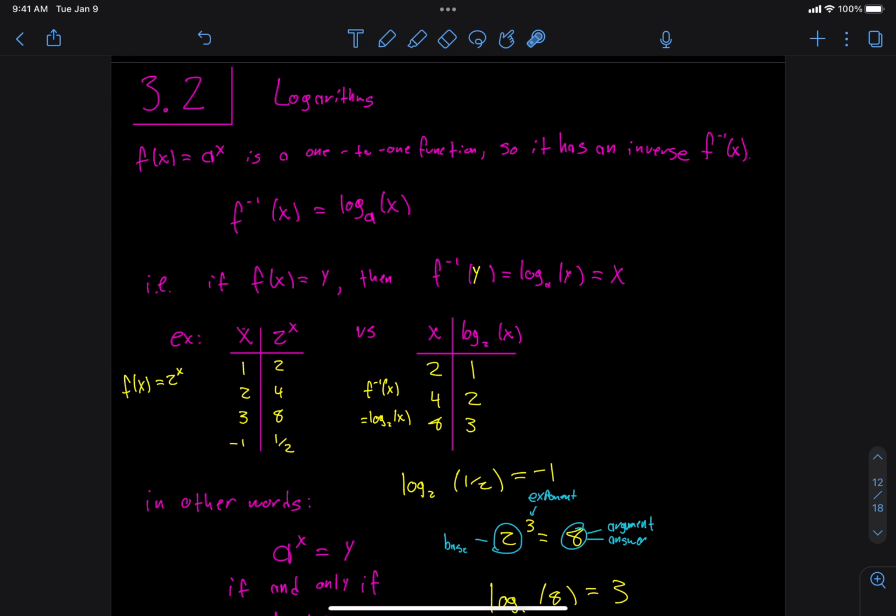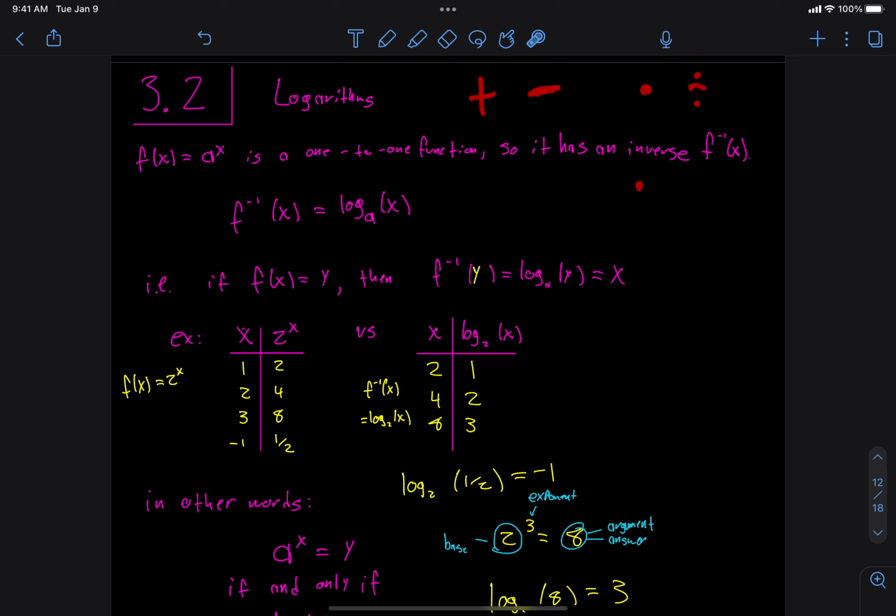For logarithms, every time we have an operation in mathematics, we like to have a way of undoing it whenever possible. Sometimes it's not possible to undo things, but when it is, we like to be able to express how we do that. So the way we undo addition is with subtraction, and the way we undo multiplication is with division.